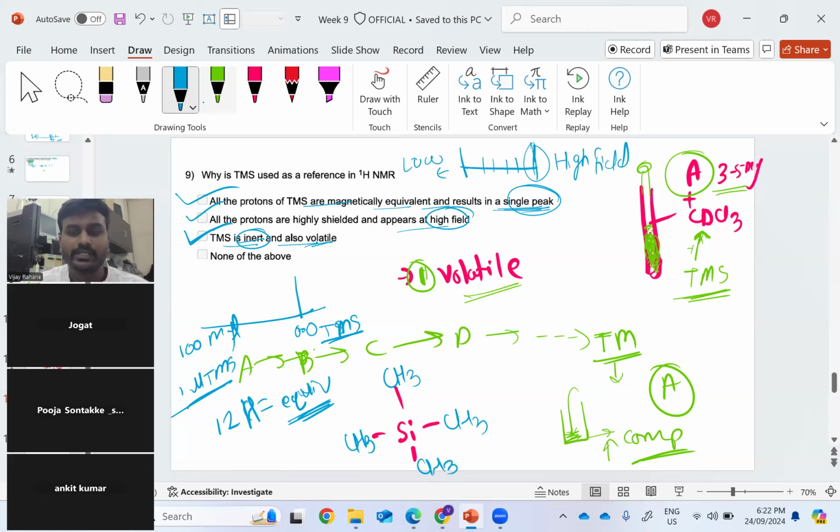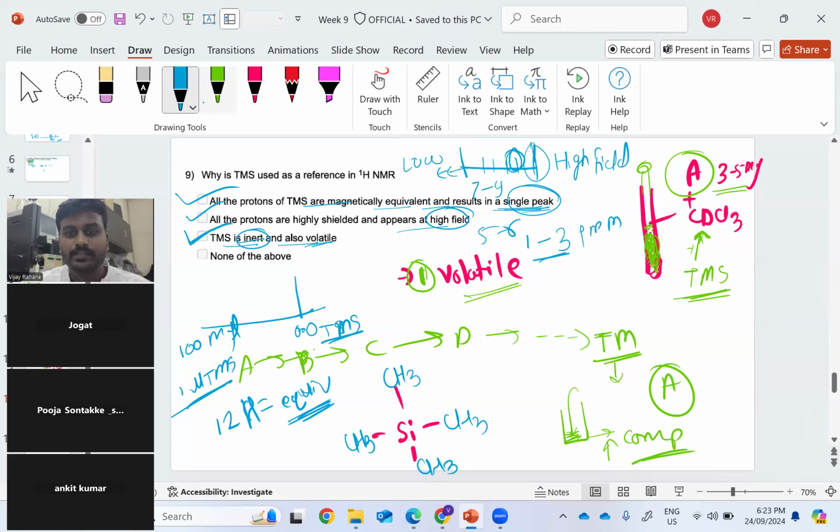Generally, alkyl shows around 1 to 2 or sometimes 3 ppm. Olefins show around 5 to 6. Aromatic protons show around 7 to 9. An aldehyde will be between 8 and 10, and acids more than 10 delta value.